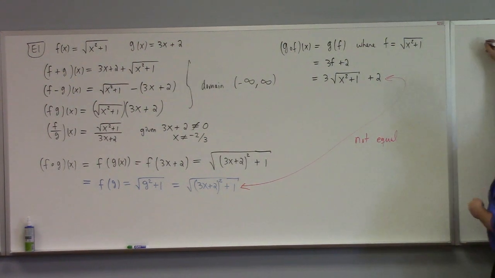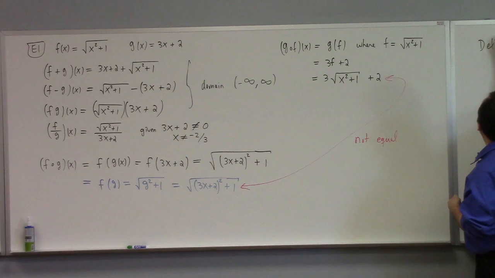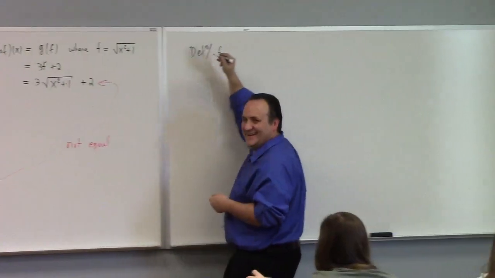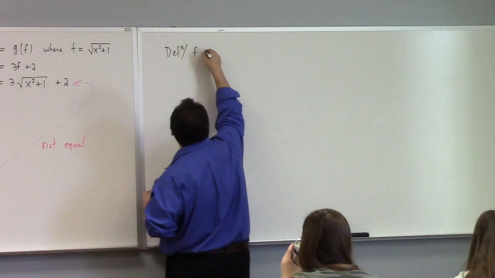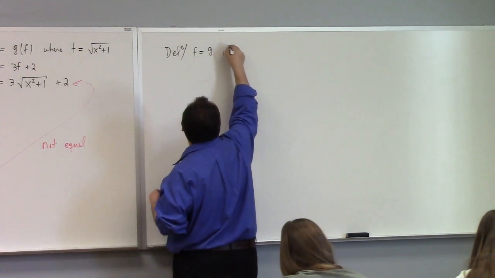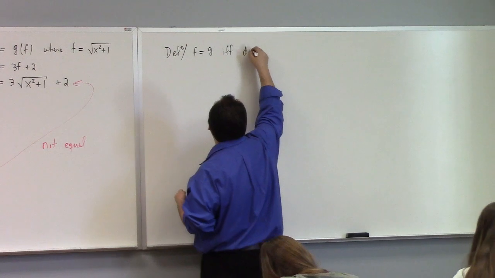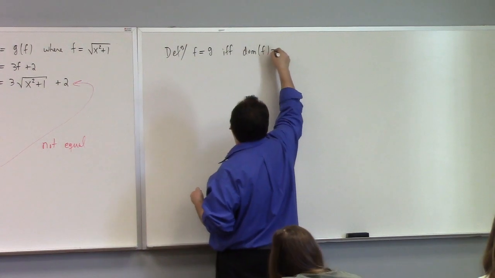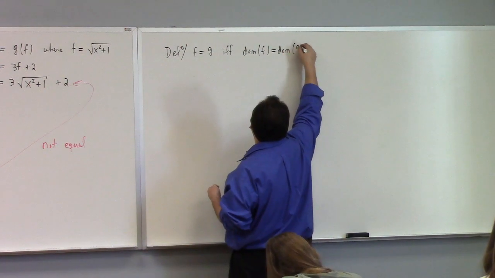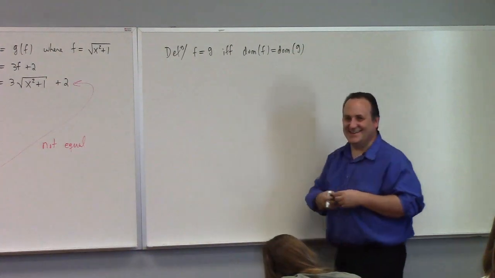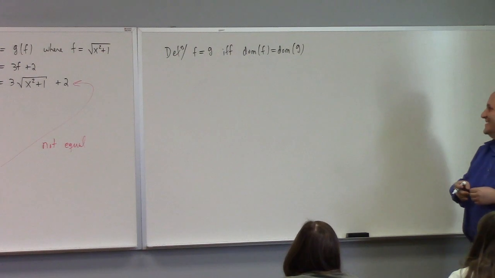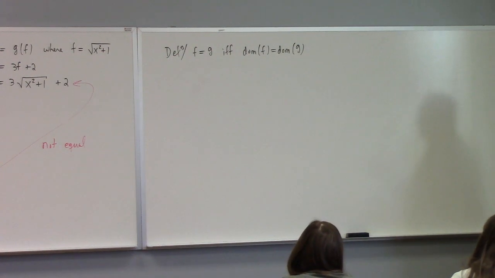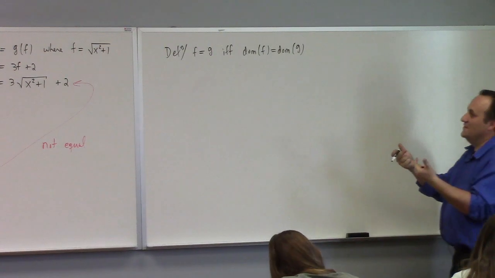So the definition. You don't want to sound so surprised. I've said what I said. F equals G if and only if the domain of F is equal to the domain of G, they have to have matching domains, all right?